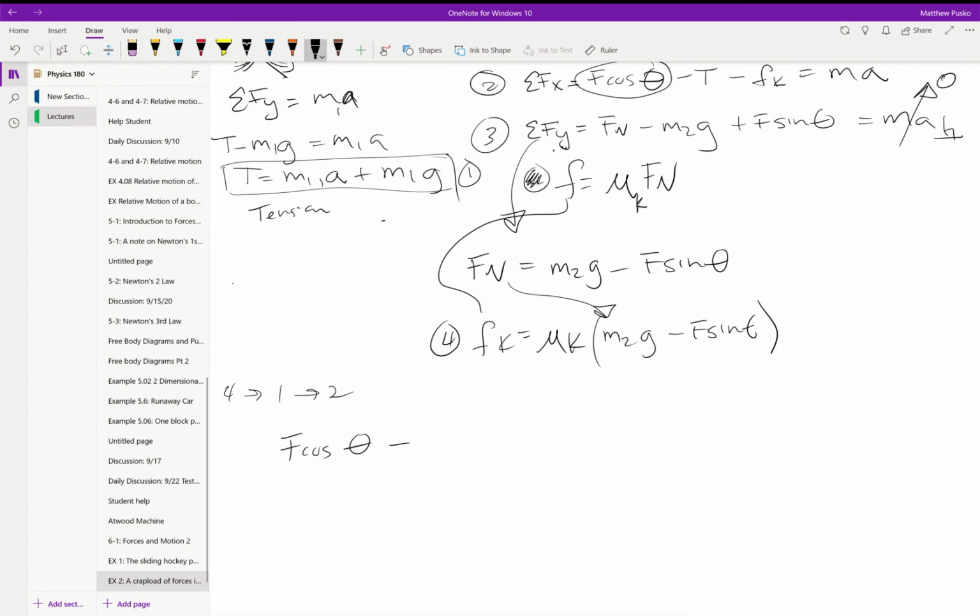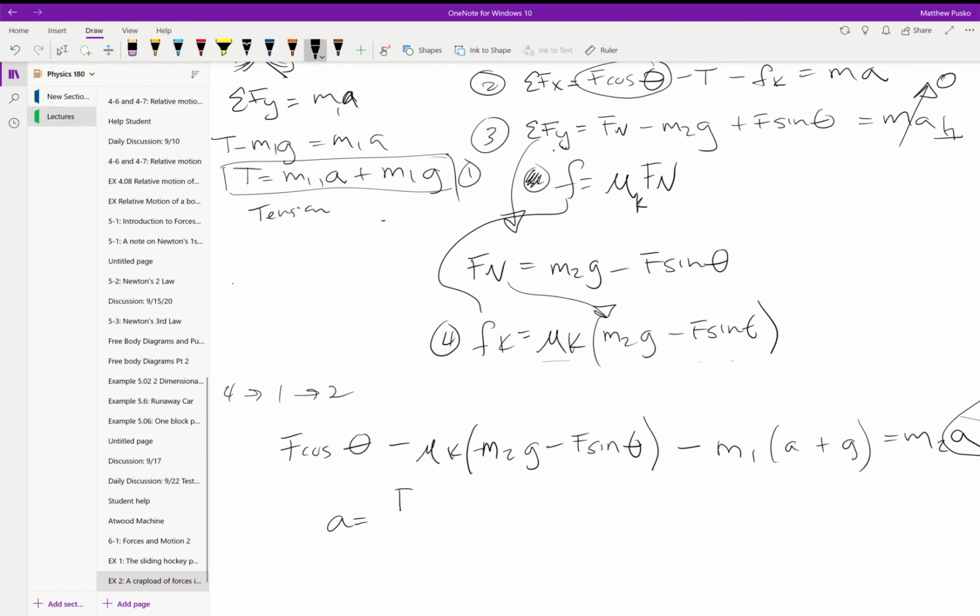Minus, and then after substituting the relationship for the tension, we get a mu k, it's basically this right here, m2g minus F sine theta. And then we also have the m1 times the acceleration plus the acceleration due to gravity. That's all equal to m2 times the acceleration.